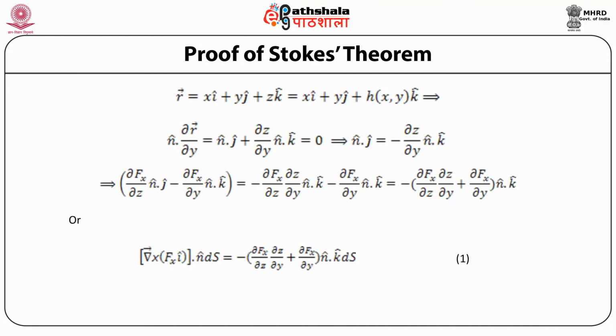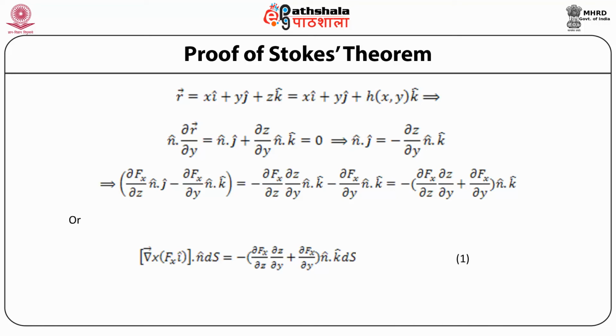R equals x i cap plus y j cap plus z k cap, equals x i cap plus y j cap plus h(x,y) k cap, which implies that n cap dot ∂R/∂y equals n cap dot j cap plus ∂z/∂y of n cap dot k cap equals 0.